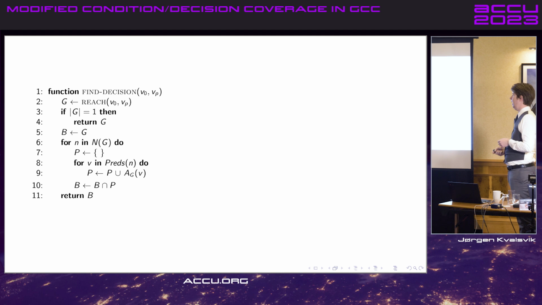At a high level, putting it together, it looks like this. This is almost a one-to-one translation from the implementation in GCC. First, you do a BFS and collect everything that's reachable by following only condition edges. If there's only one node in that set, it's a single-term condition and you're just done.